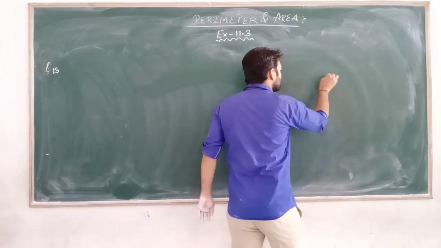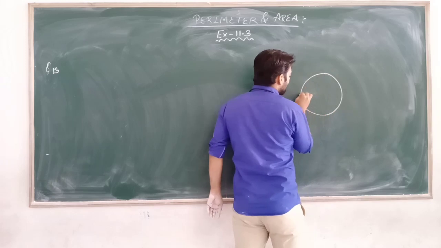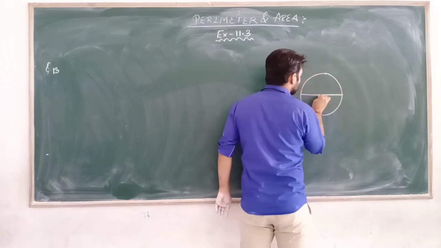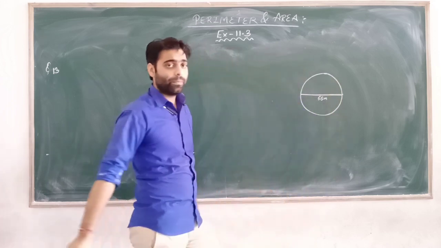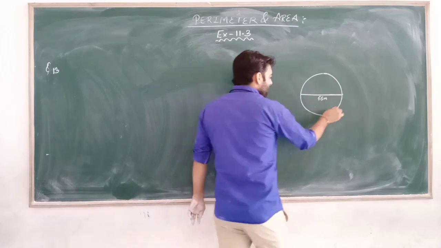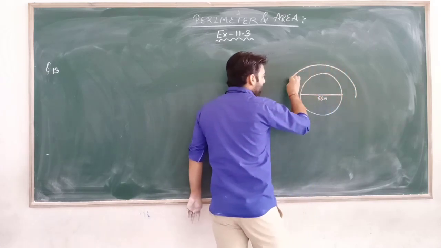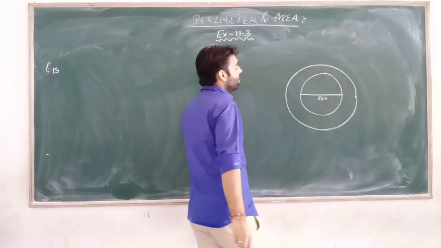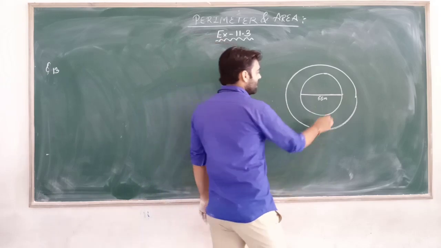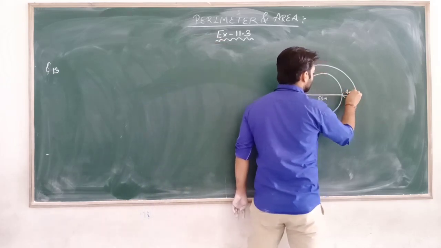Suppose this is a flower bed of diameter 66. From the flower bed, a 4 meter wide path is moving along it, meaning the width of this is 4 meter.